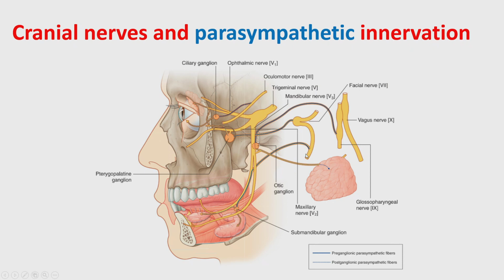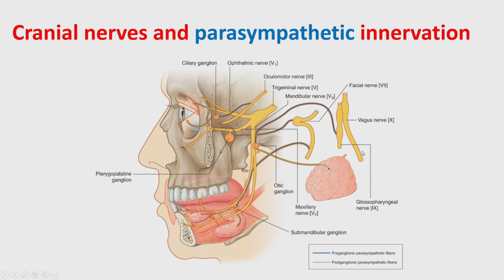Another branch of the facial nerve, called the chorda tympani, goes out of the skull through the petrotympanic fissure and is related to the submandibular ganglion for the secretion of the submandibular gland and sublingual gland. And the vagus nerve, we said, goes down to the abdomen and thorax.